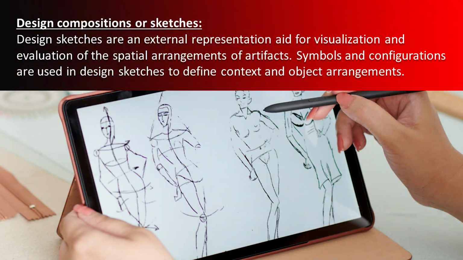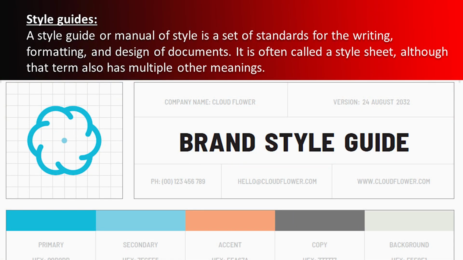All right, so moving on. Designing compositions or sketches. These are an external representation aid for visualization and evaluation. So, it just helps with custom design and posture and that sort of thing. Then we have style guides. Quite frankly, I don't know too many people who don't work with these.